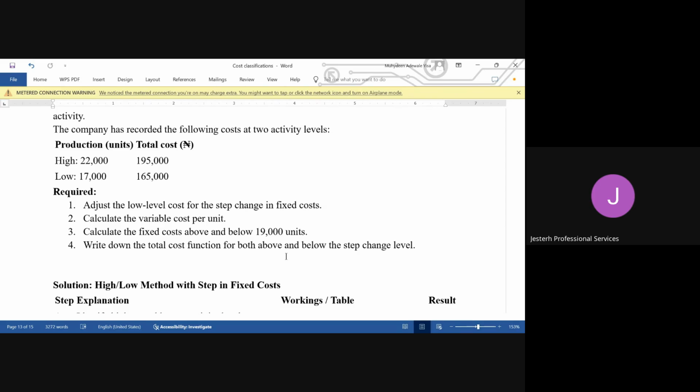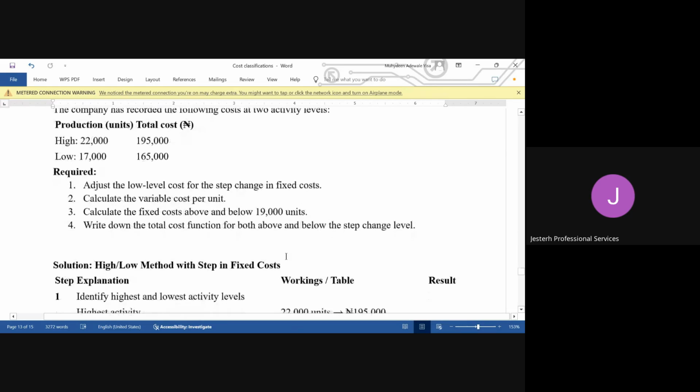Despite the fact that the level of activities increases, our fixed cost still remains constant. But in this one, there is a change in our level of activities, and the change now affects the fixed cost, so we increase the fixed cost by a certain amount.